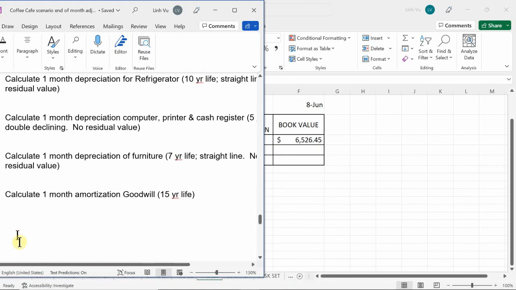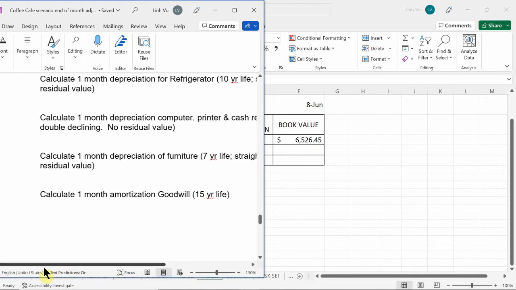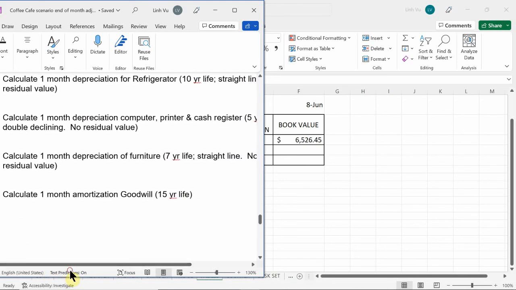Last thing that we have here is to calculate 1 month of amortization for goodwill. In this case, what's amortization? It's a depreciation for our intangible asset. Exactly.